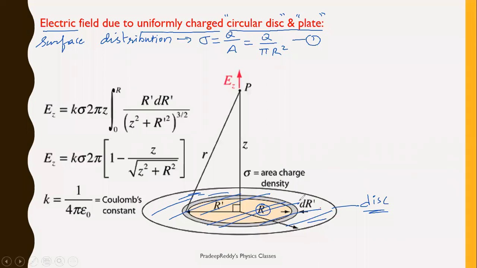Now, out of this total disc, however, this is an extended body. What you should do is take a very small element. If you take a very small element over here, this is the element which I have chosen.